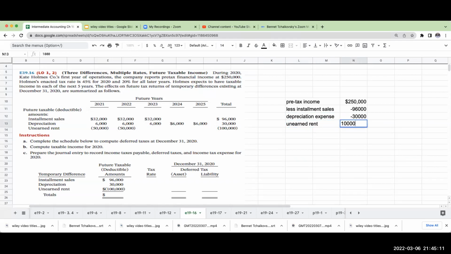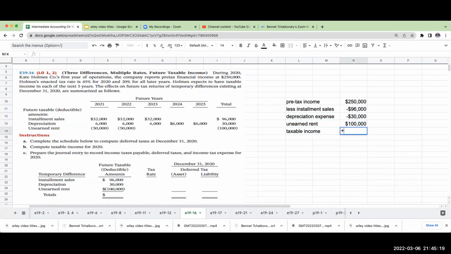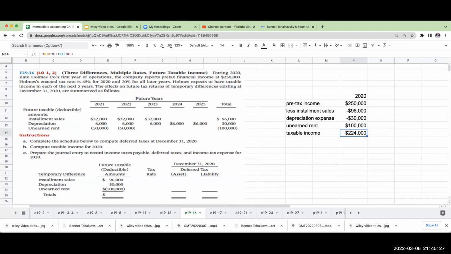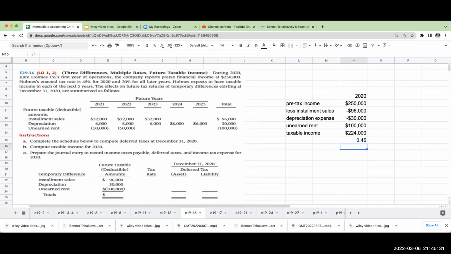This is going to be $100,000. So my taxable income for 2020 is going to be $224,000.